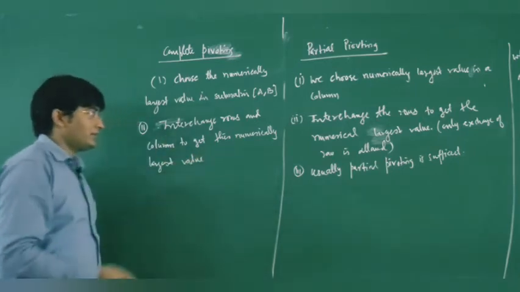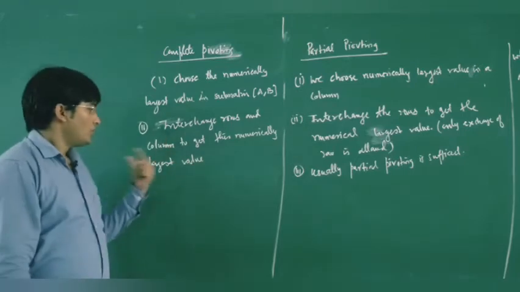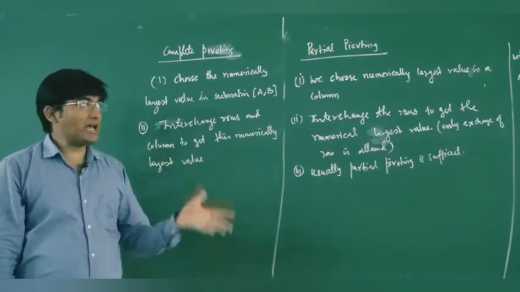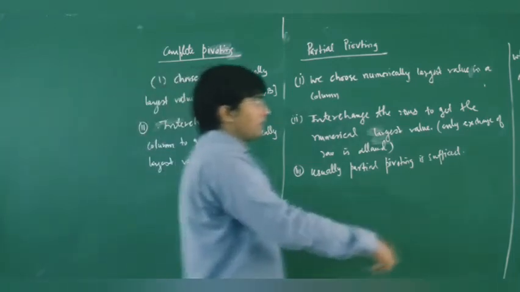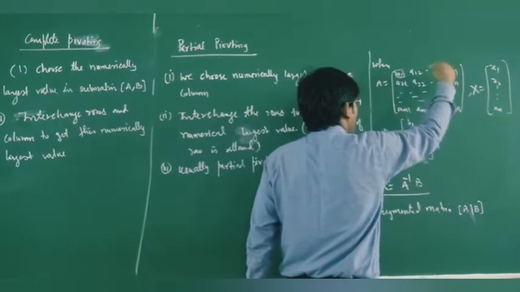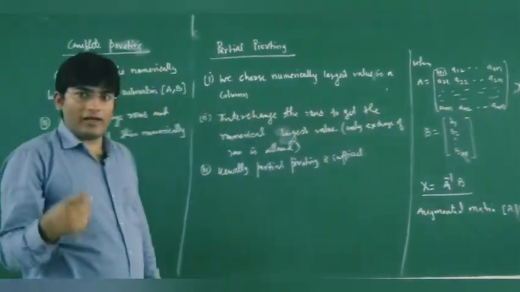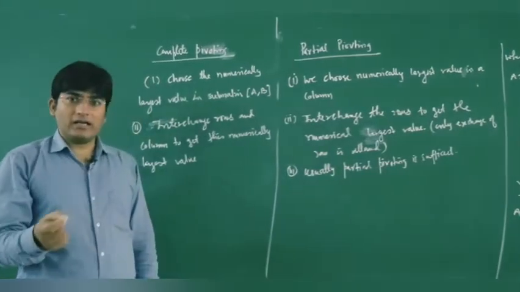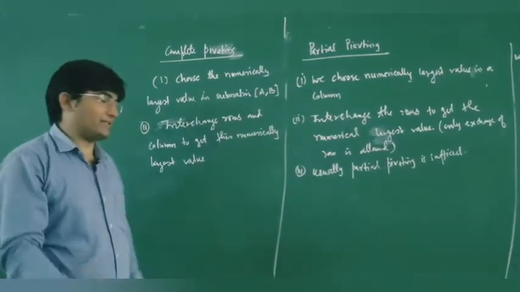But note that when you change the column, your xi will also get changed. Suppose you change x1 and xn, where we have n variables, then the values of the variable xi will get changed. So that means we will have to change our x1 and xn.